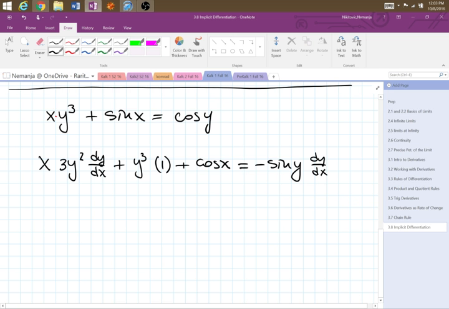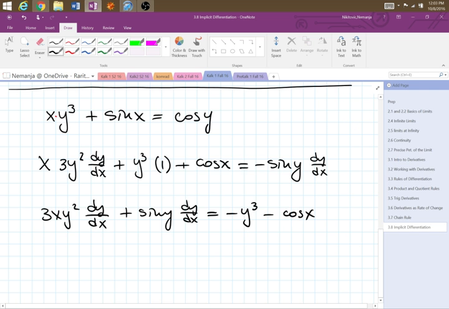So 3xy squared dy dx stays on the left, and we bring plus sine y dy dx from the right to left, and ship the other two terms to the right side because we don't need them. They don't have dy dx. So I rearrange the terms so that all the dy dx terms are on the left.